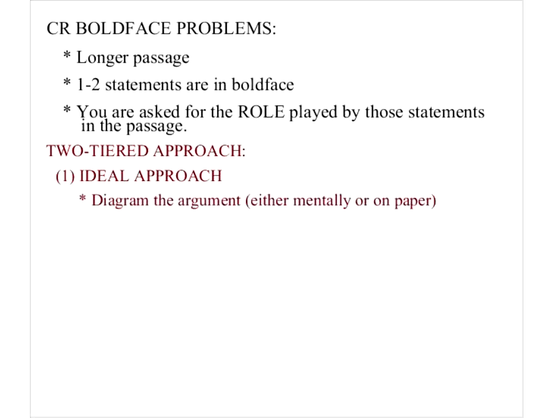We'll talk about how that works in a little bit, and then actually try to predict the actual answer to the question. Because unlike a lot of other critical reasoning problems, you don't really have to have answer choices for these. If you understand the argument fully, you should have an idea of the role played by these things without having to be prompted.